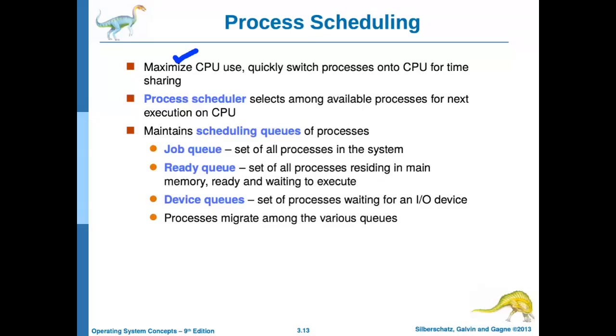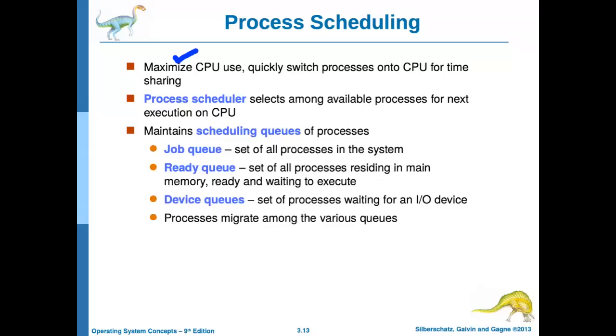Because if we select a process which is waiting for completion of some sort of IO, there is no task for the CPU. It will be just waiting. So the scheduler should select the process in such a way that it maximizes the CPU use, because CPU use is directly proportional to the throughput, and throughput is how many processes are finished in unit time. So if you maximize the use of CPU, definitely you are getting more throughput.